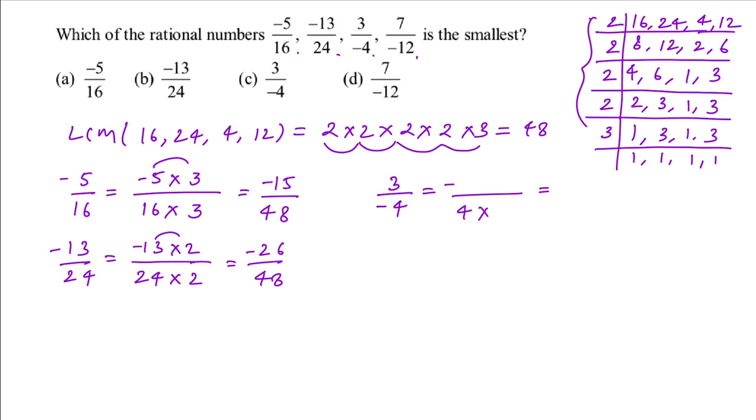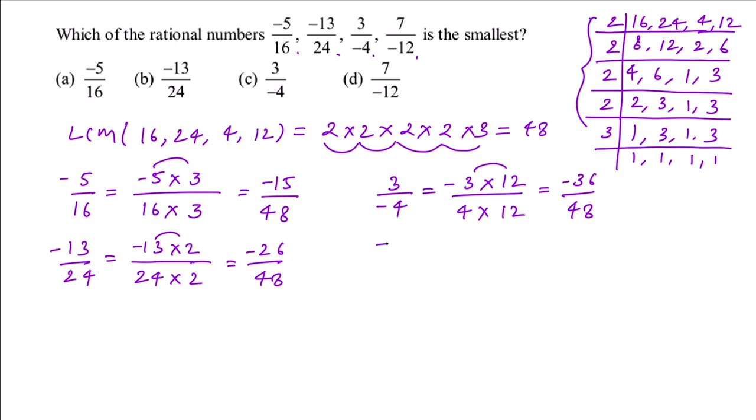The value of the number is not changing, the whole number is negative, so it doesn't matter where you put the negative sign. So we have minus 3 here, and we want 48. 4 12s are 48, so multiply numerator and denominator by 12. Now 3 12s are 36, so we get minus 36 by 48.